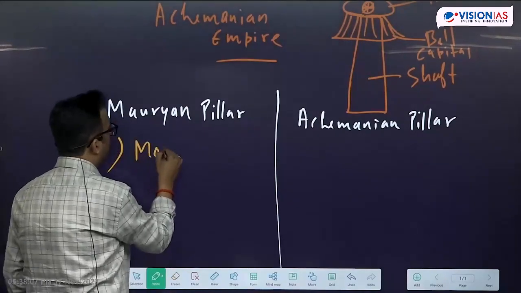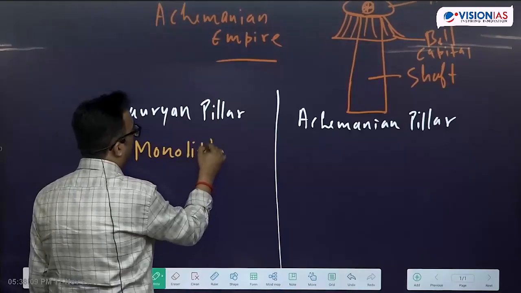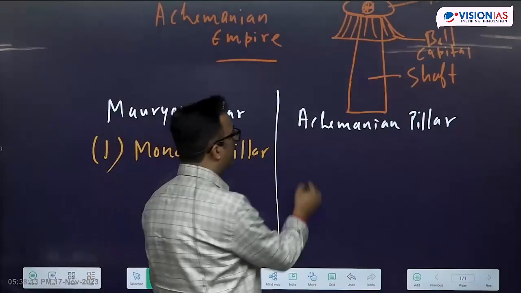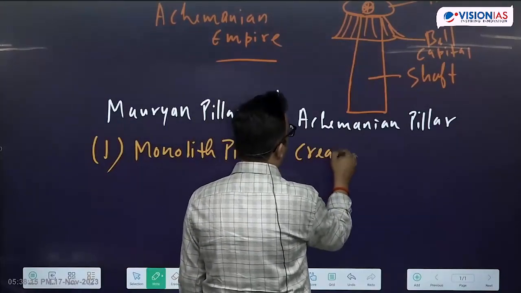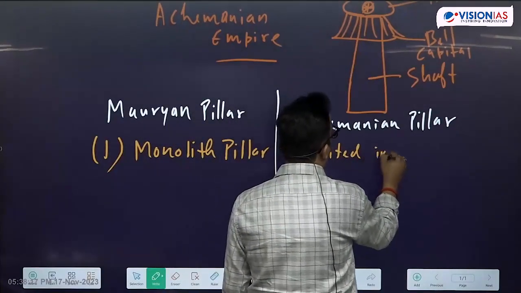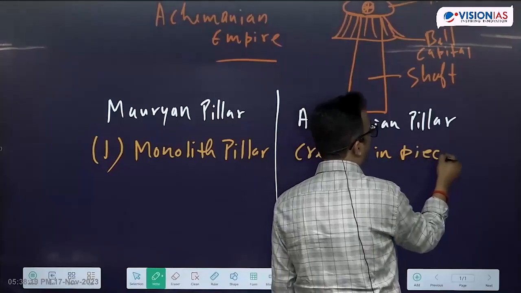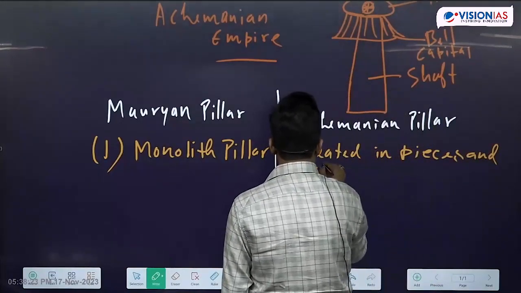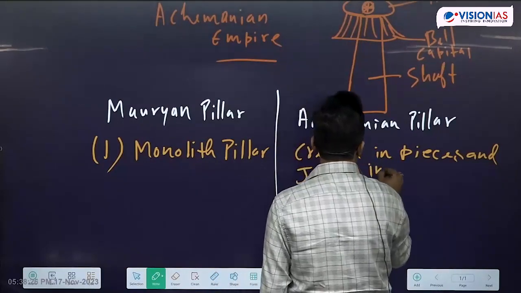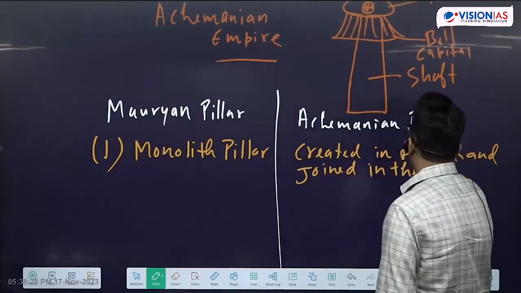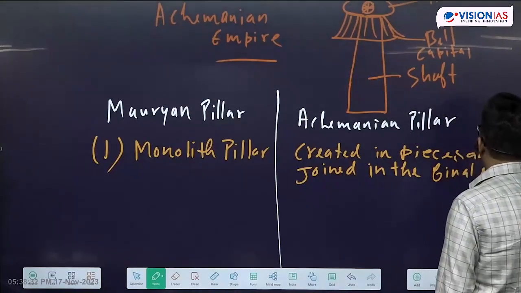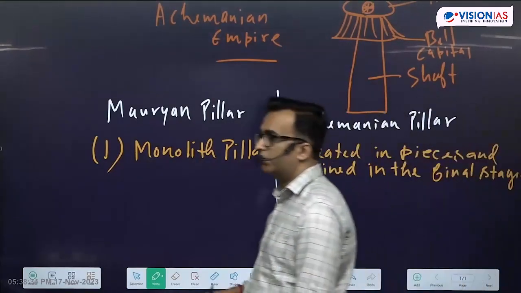Monolith pillar. ठीक है? Achaemenian, right? Created in pieces and joined in the last stage, in the final stage.